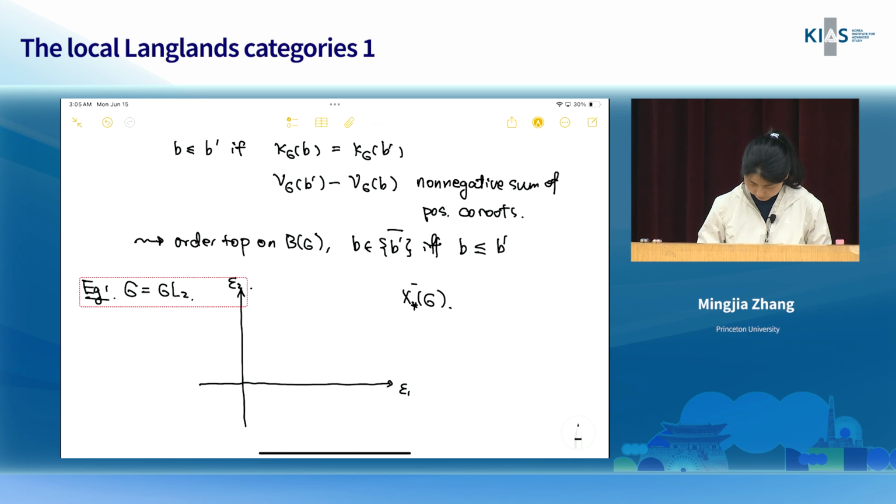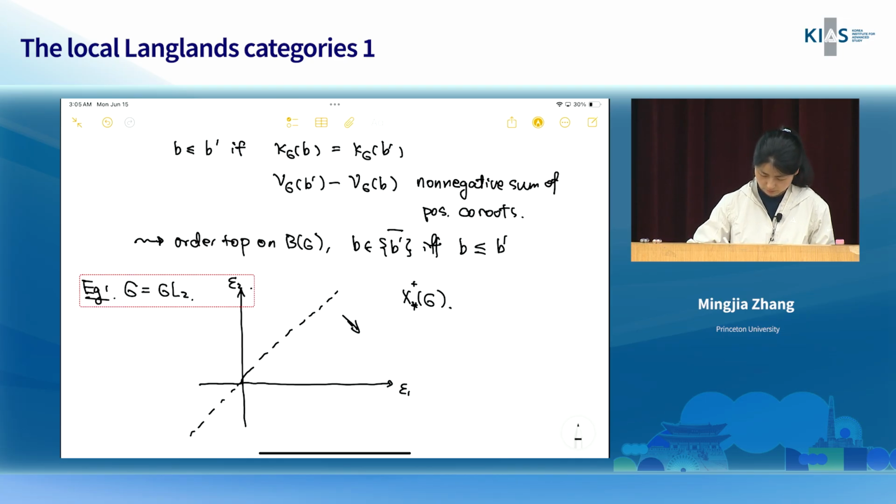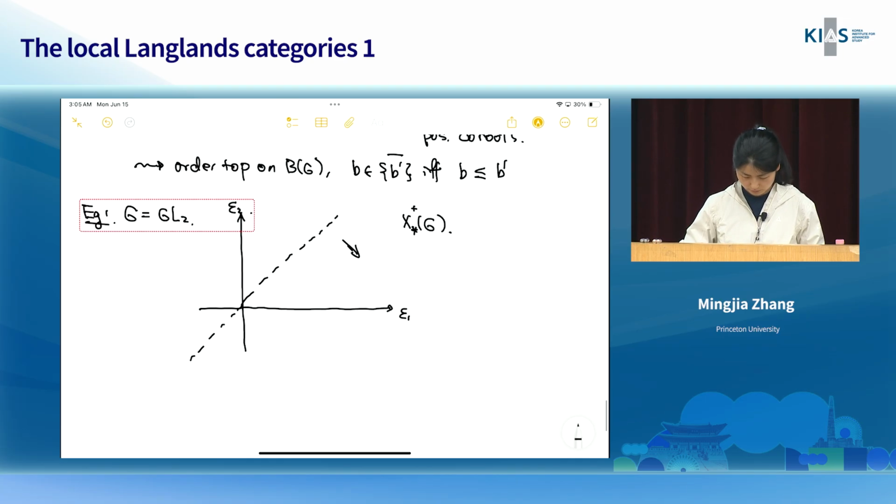If we take the dominant part, maybe the positive co-root goes in this direction, so I'm taking the part below this line, and the image of the Newton map lies in some lattice points.